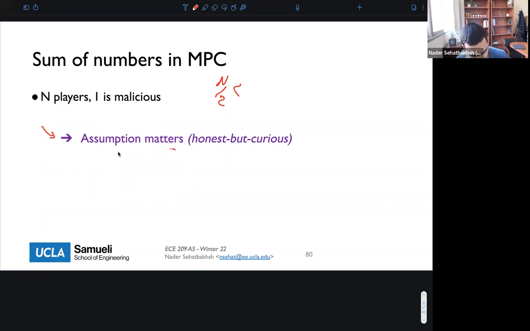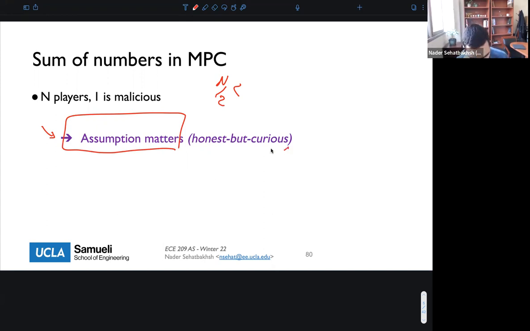So assumptions really matter in multi-party computations. Slightly different than, for example, homomorphic encryption, where essentially the assumption there is the system is secure if the encryption system is secure. But here it's slightly more than that. So different algorithms can be secure or not secure depending on the assumptions that we have.